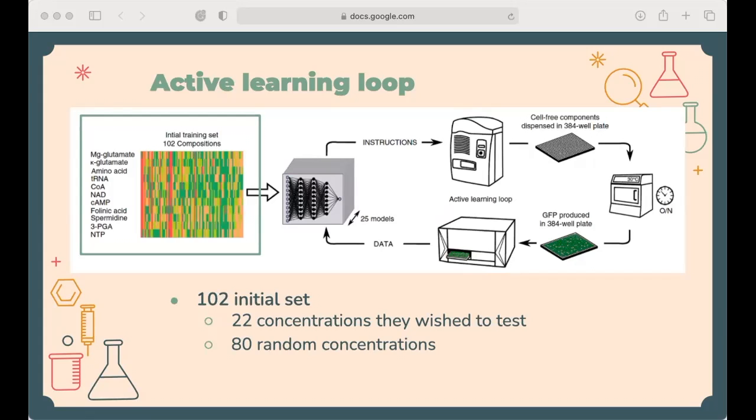As for these 22 compositions, they first fixed all reagents at the maximum allowed concentration, except one which was at the lowest, so this led to 11 combinations. Reversely, they also fixed all reagents at the minimum allowed concentration, except one which was at the highest. This led to another 11 combinations.